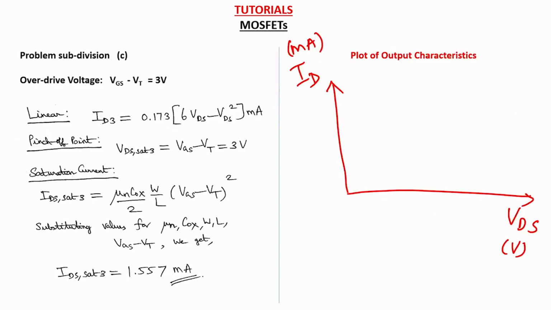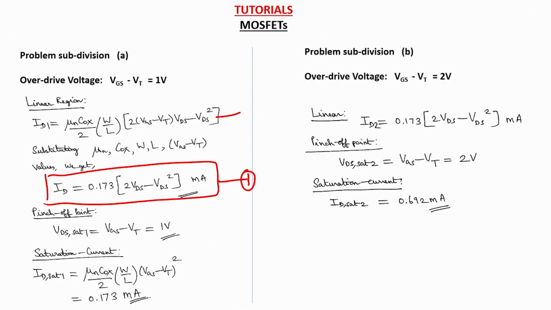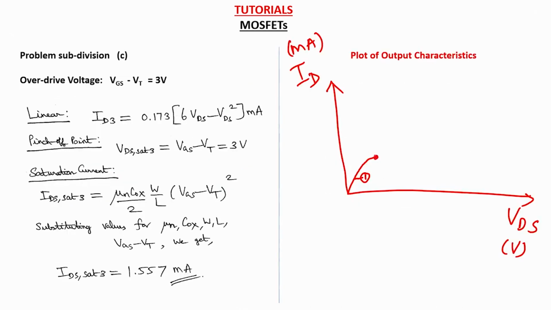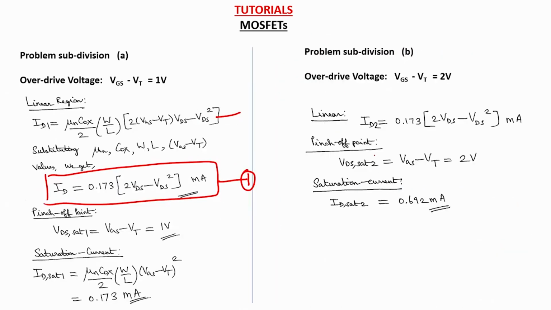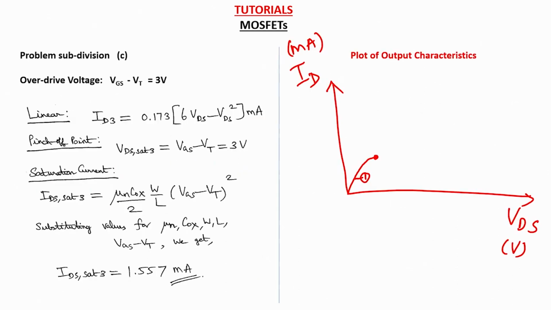So you can plot this curve here in the linear region. This curve is represented by equation 1, which you have just obtained, and the pinch off point is VGS minus VT, which is when the MOSFET enters saturation. That is given as VDS sat, and this is 1 volt for this curve.